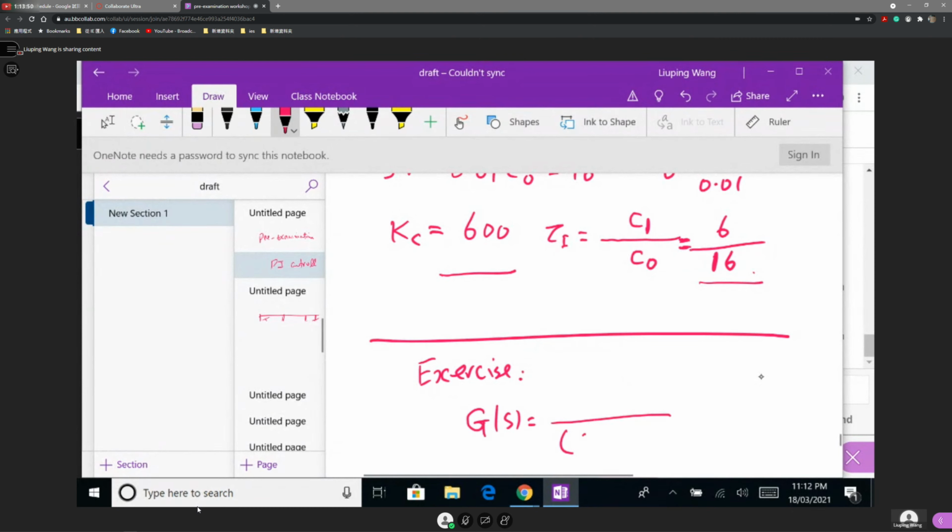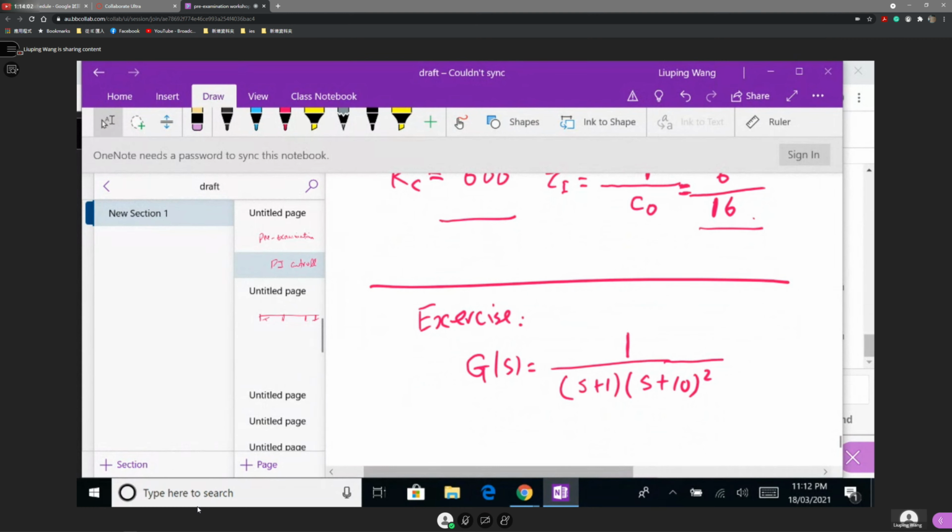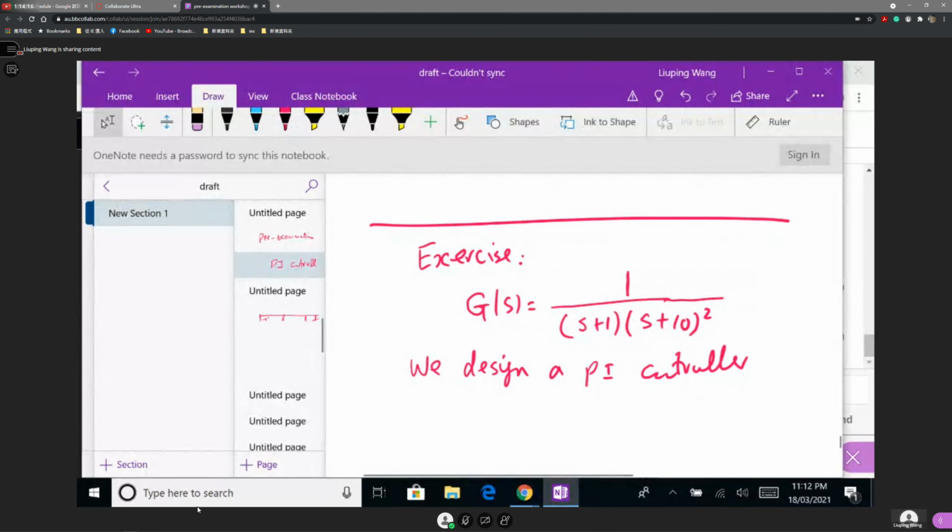So you have something like S plus 1, and then S plus 10. So we want to design a PI controller. So the PI controller, we want this guy, omega n.